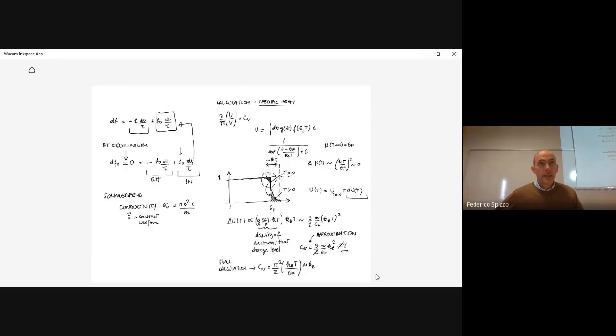Why is the temperature dependence so different with respect to the Drude configuration? What is the main physical motivation behind the fact that here we have something that is proportional to T? In principle, when T is equal to 0, the CV here is 0.